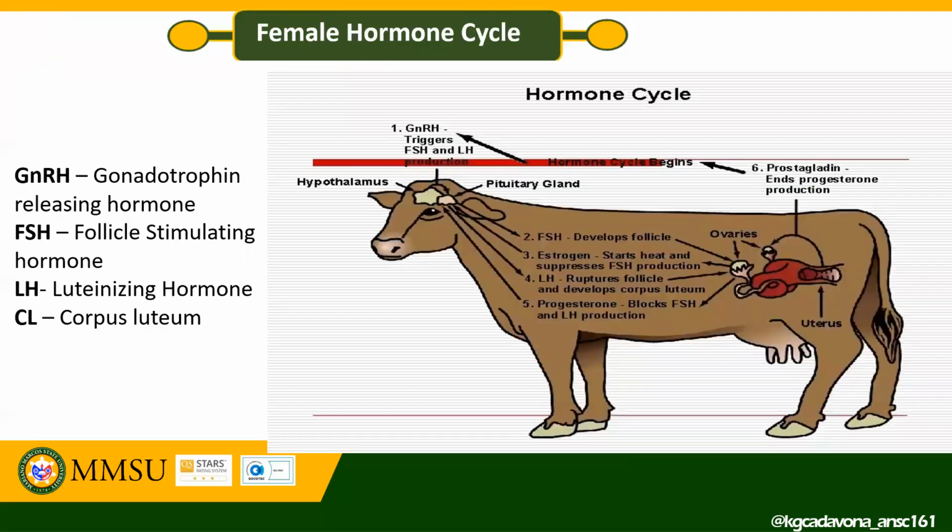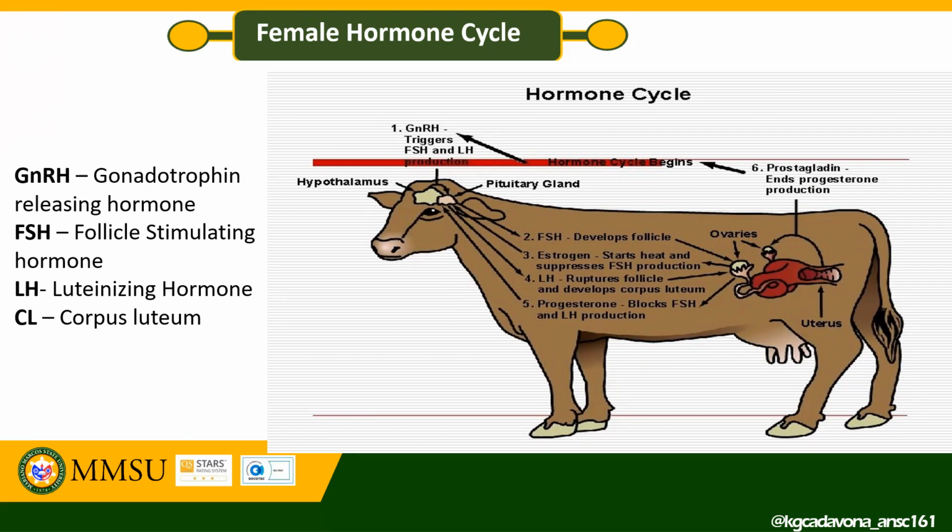Now, to give you an insight about the female hormone cycle ng mga animals, the image is clear already for you to understand the flow or the importance or roles of the different hormones of the body of the animal. Pero ano nga ba ang importance ng mga hormones nito? Okay? Etong mga hormones kasi ang nagre-regulate and at the same time nagde-develop sa reproductive system.